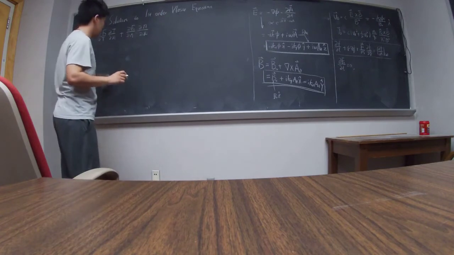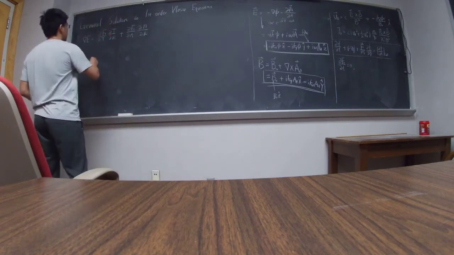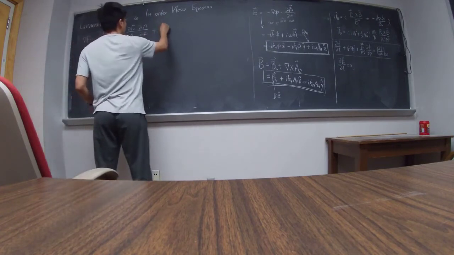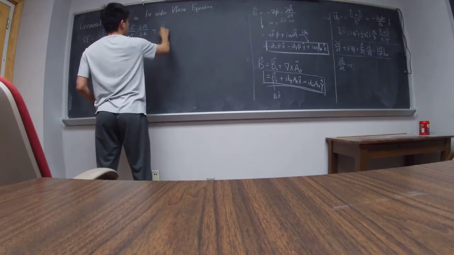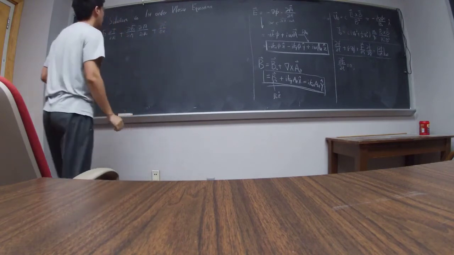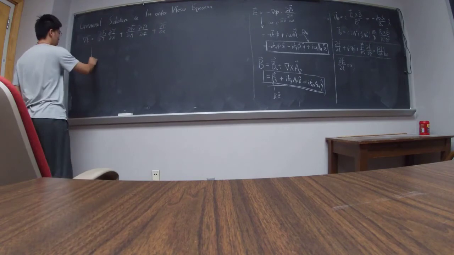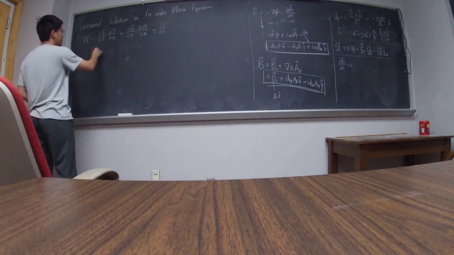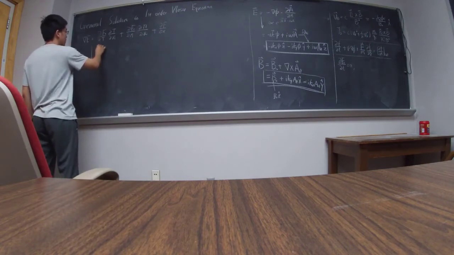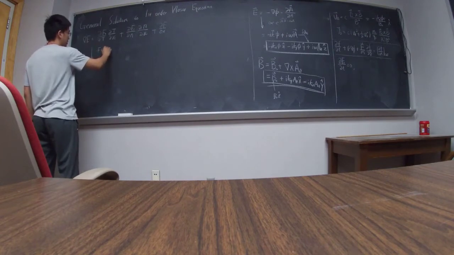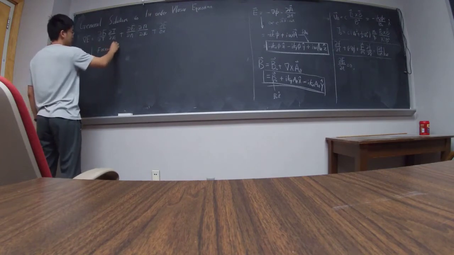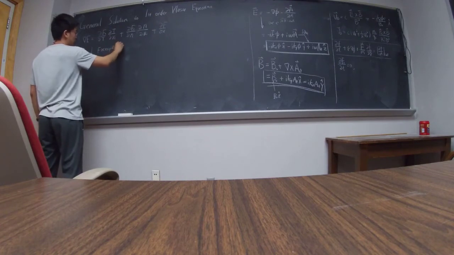So let's see about that. First, we know that f is proportional to the exponential of m v squared over t.